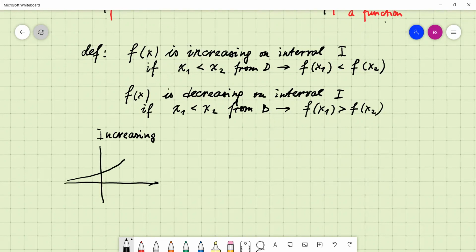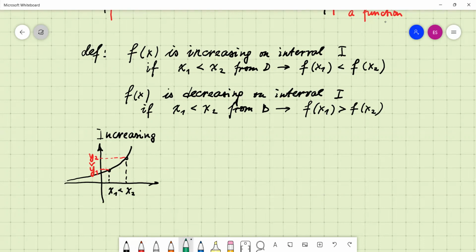Imagine that the function is looking like this. So let's pick x1 and x2, and they're supposed to follow a certain inequality. x1 is supposed to be to the left of x2. And let's check what is going to happen to the values. This is y1 and this is y2. You see that y2 is greater than y1.